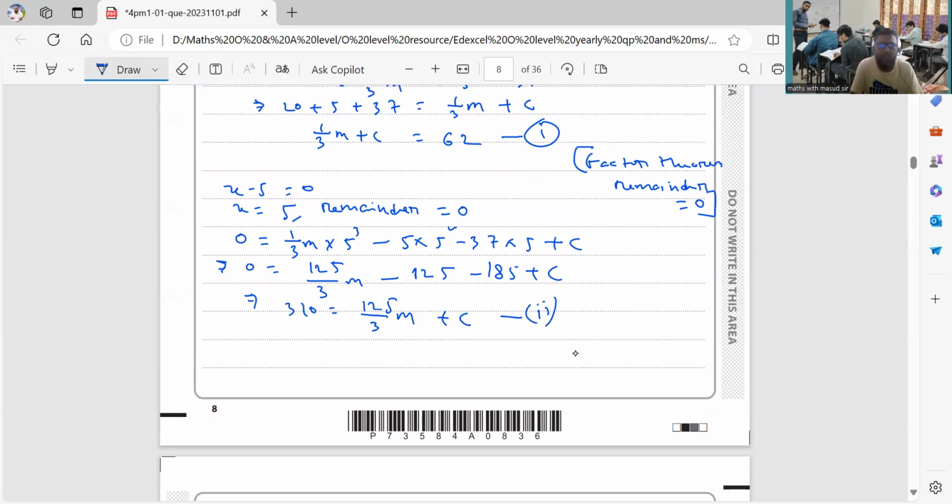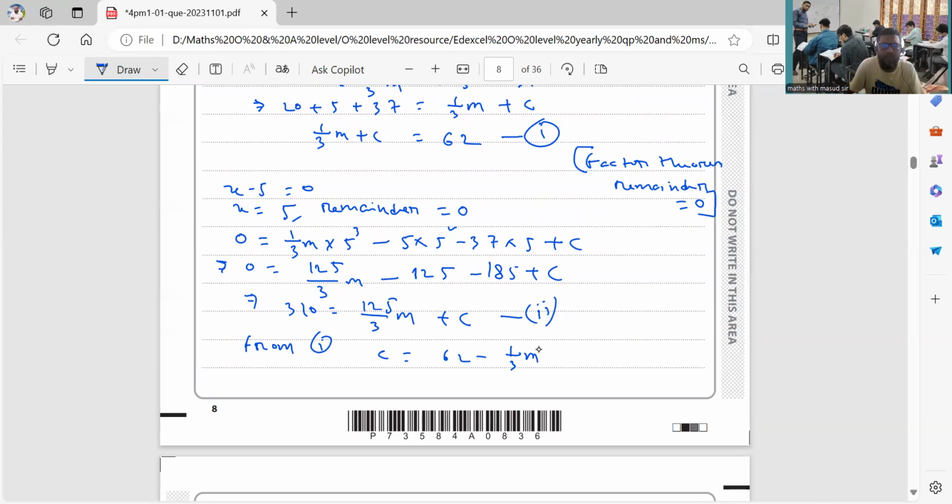So now do the simultaneous equations. So if you want to make c the subject, from the equation number 1, what is your subject c? c equals 62 minus 1 by 3m.